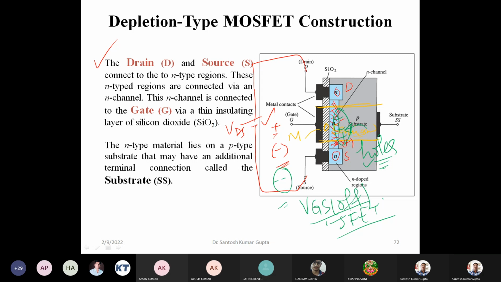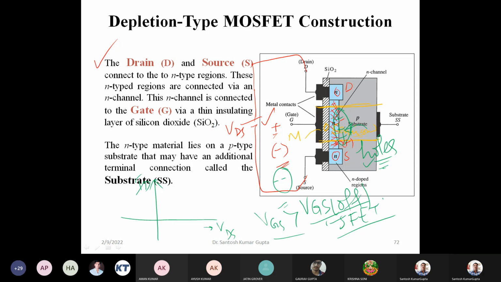So if we want to make the current zero, it can be done. Whereas if we apply a voltage greater than this VGS off, then the channel will be there and current will flow. So in this case, if we try to look at the characteristic, ID and VDS, suppose for a given VDS, we are trying to see the characteristic here.